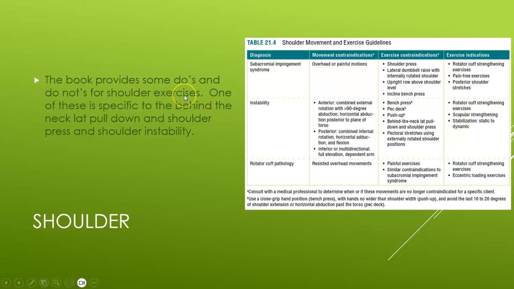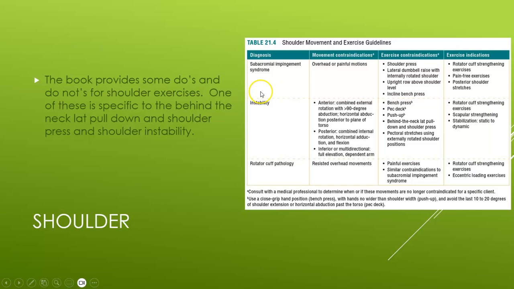I would also say you're probably going to work a lot on inferior border of the scapula work, scapular depression with bands, things that do the exact opposite of what would irritate or cause the impingement syndrome. If we look at this, one of these is specific to behind the neck pull down and shoulder press, and that is a question later on.